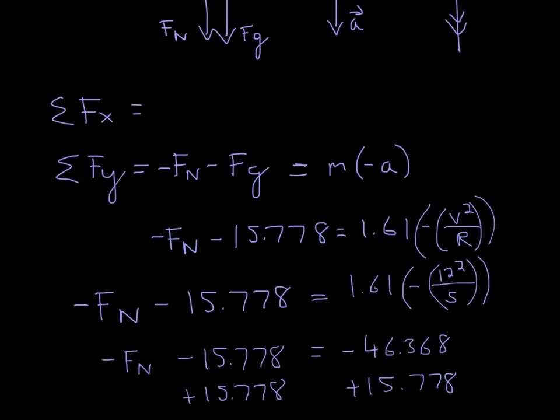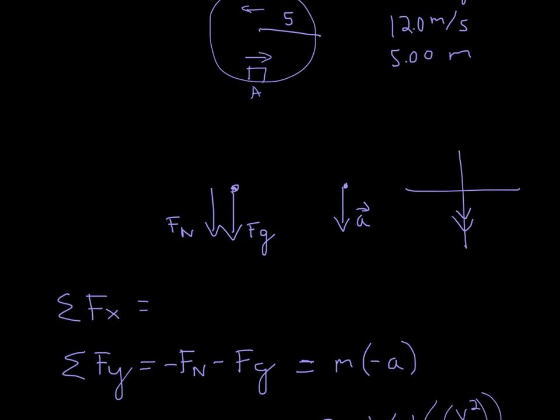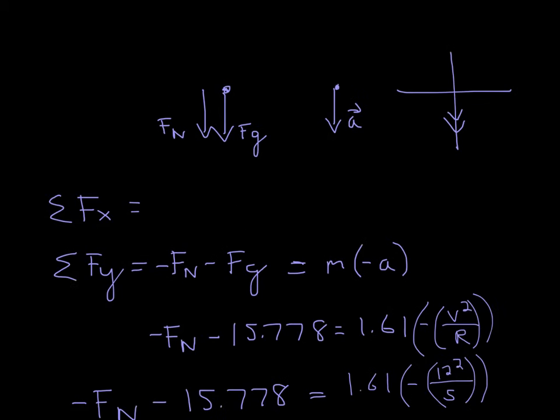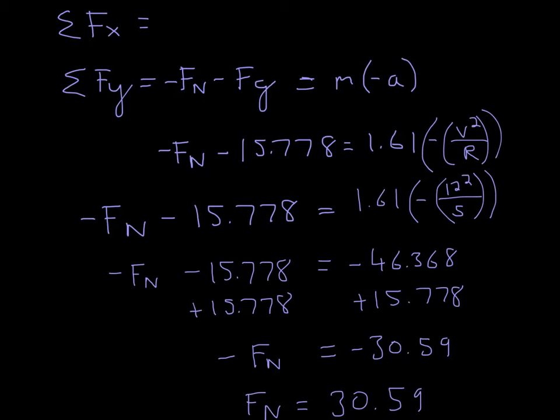For the force of gravity, that's mass times gravity, which is 9.8, and that's why I got 15.778. Then it will equal the mass, which is 1.61, times the acceleration.